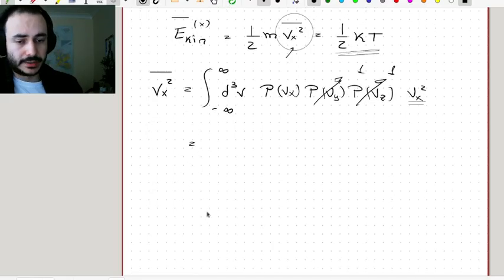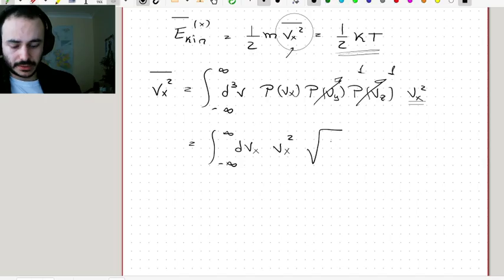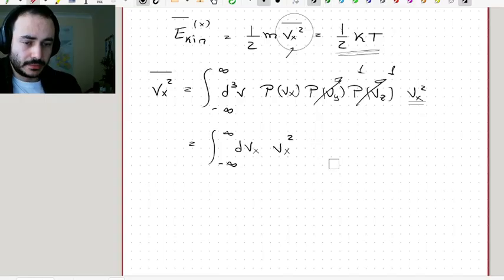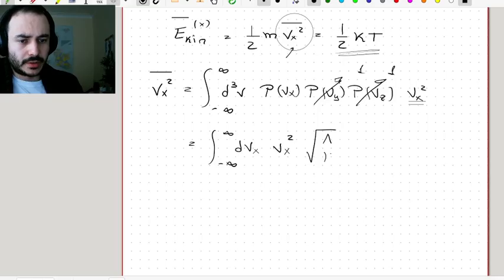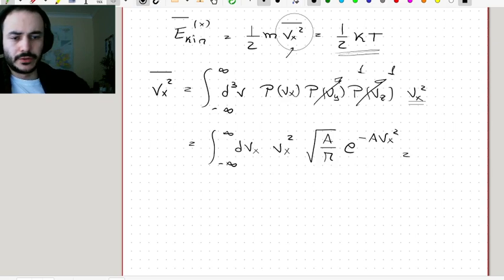And what I get in the end is simply the integral from minus infinity to plus infinity of the marginal for vx, and the integrand is vx squared, and here you have the square root of a divided by pi, e to the minus a vx squared. And if you go and do the whole thing, you find that this gives you 1/2a.